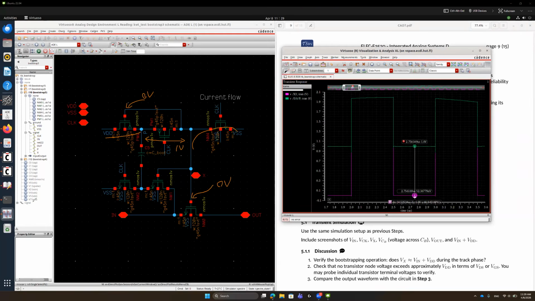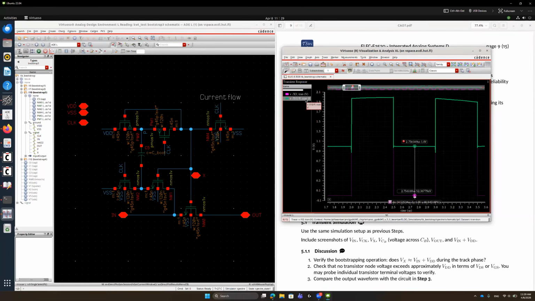But the problem is when we drive the VP node and VX node, when both of them are high voltages, this is the problem of this situation. So within this period, this is the hold phase.